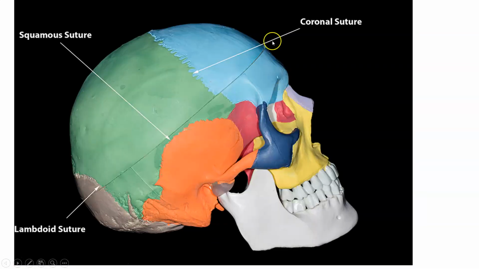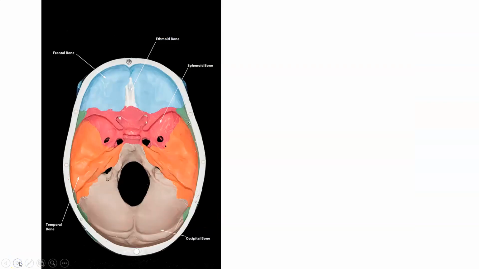If we cut the skull open and look at the inside of the skull, what you'll see is a view like this. So here in the middle toward the front is the ethmoid bone. And here's still some of the frontal bone on both sides. Here is the sphenoid bone.